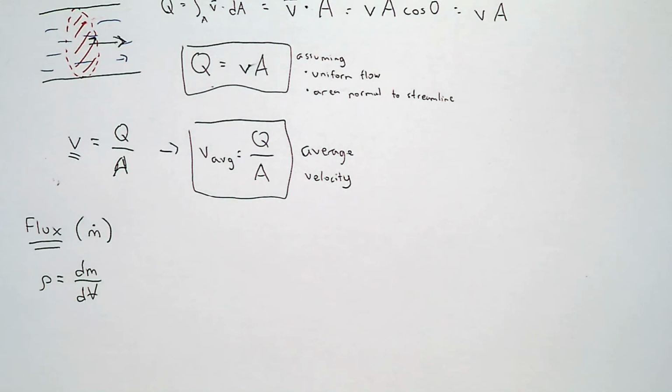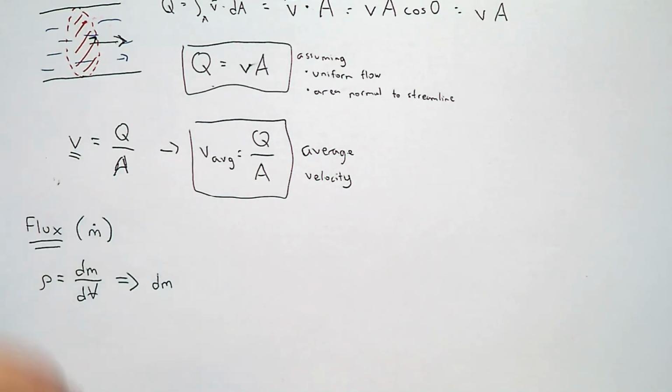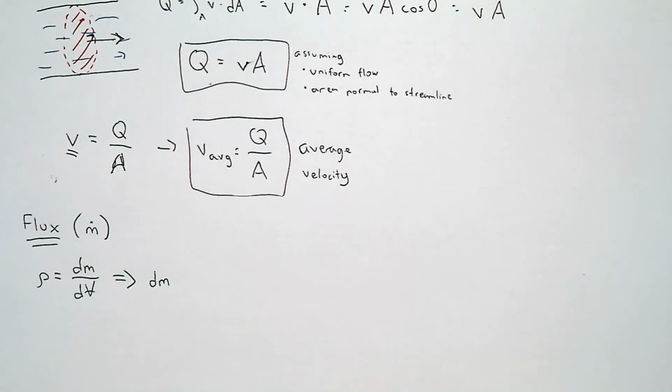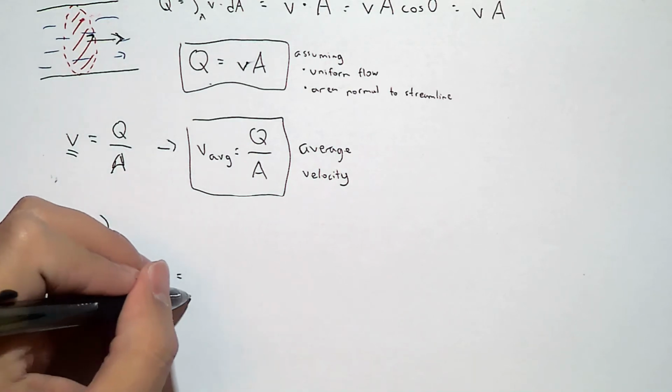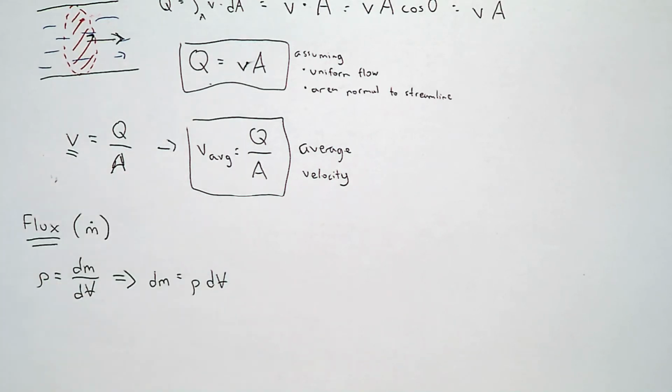Now, if density is dm over dv, then I can find a differentially small element of mass by saying that dm is equal to density times a differentially small element of volume. Do we agree here? dm equals rho dv? Good. So now I'm going to define my flux, which I write as m dot.